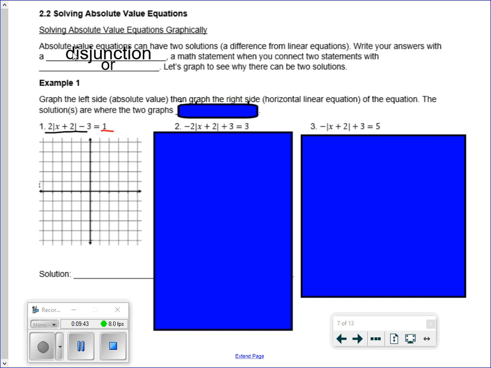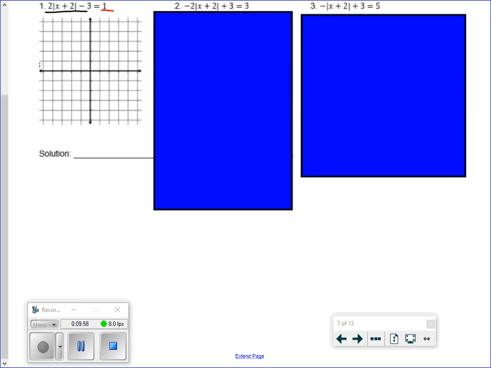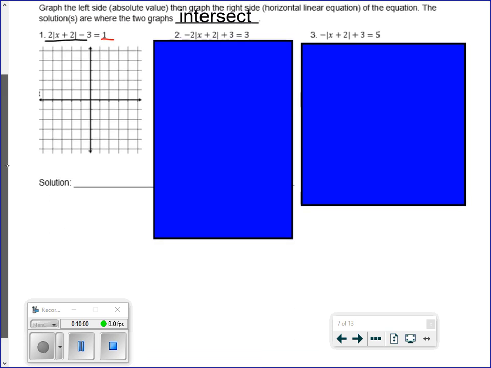And once we do that, we're going to see where they intersect. And where they intersect, that's going to be our solutions. So for instance, on number 1, we're going to graph that 2 times absolute value of x plus 2 minus 3 first. And I'm actually going to teach you guys a little trick for graphing absolute value functions much faster when you do not have a b.